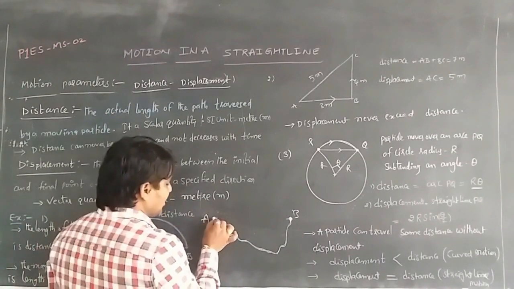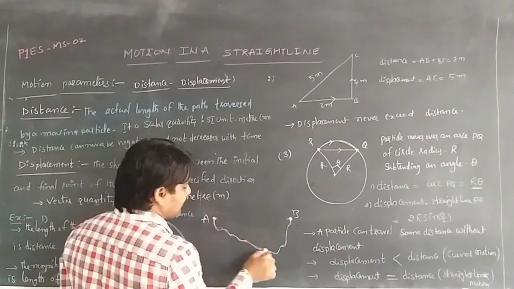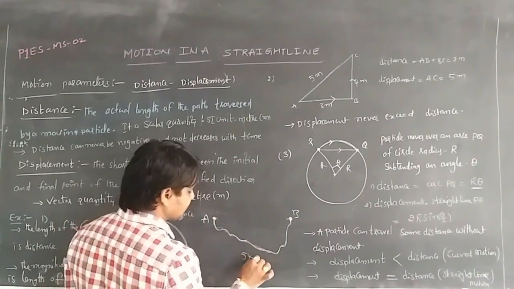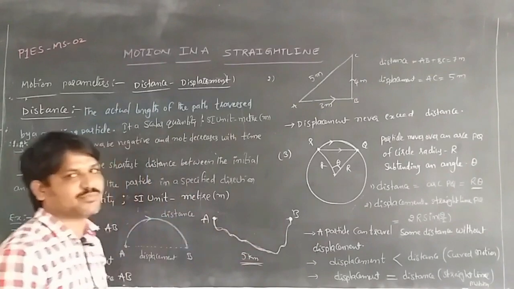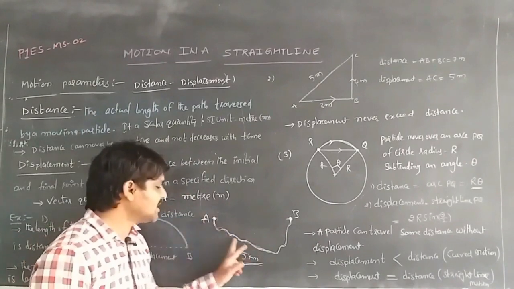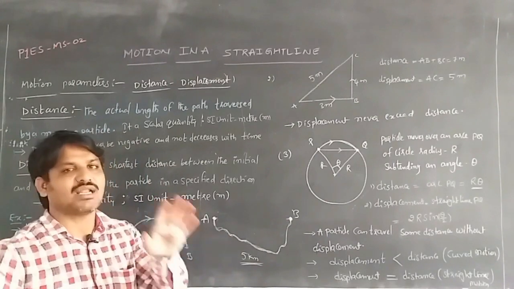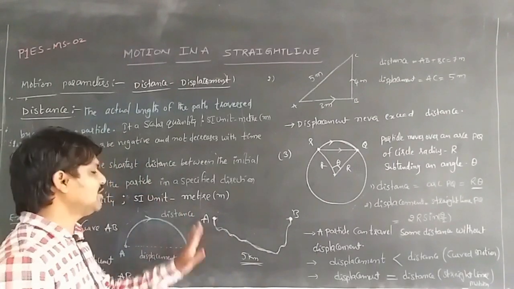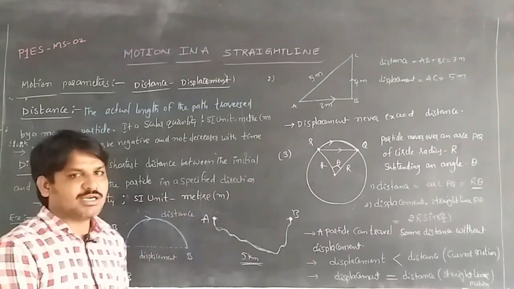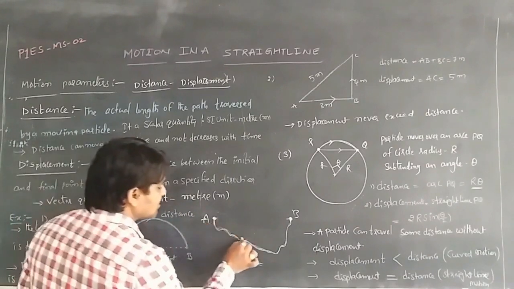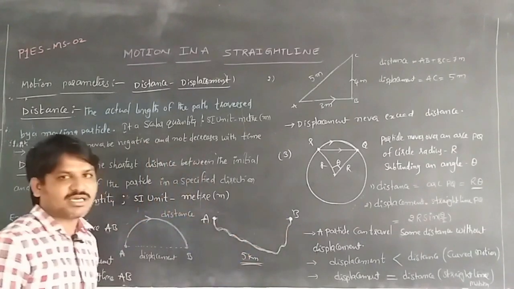For example, if a body travels from A to B a path of 25 kilometers, that is the distance of the particle. The total actual length of the path traveled by a particle is called distance.